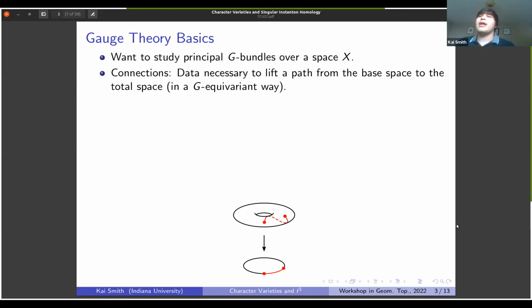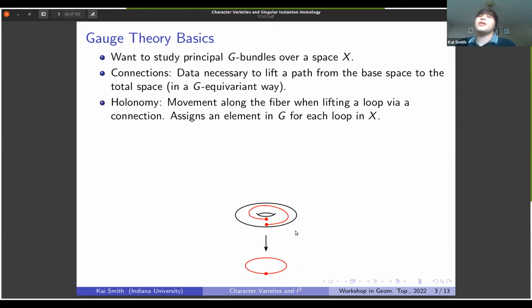So a connection is the data necessary to lift a path from the base space to a path in the total space in some G equivariant way. So if you know where you are along the path downstairs, that'll tell you which fiber you're on upstairs, but a priori doesn't tell you where along the fiber you are. And so the connection is the data you need that tells you where along the fiber to go.